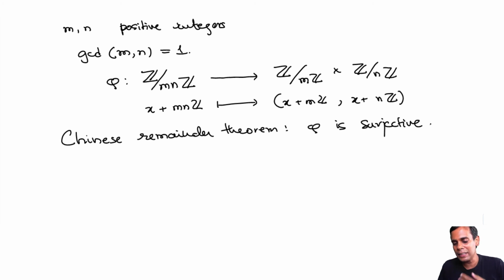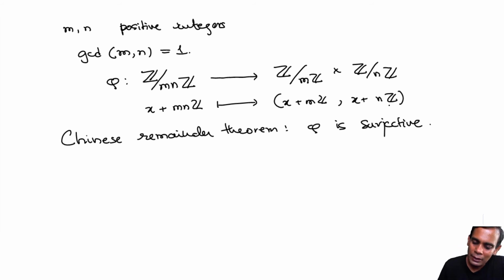Okay, Lao Tzu didn't state it this way. The way Lao Tzu stated is that suppose you have two numbers m and n which are co-prime, then you can specify what remainder you want modulo m and what remainder you want modulo n. Then you can find a number which satisfies both these, which gives both these remainders simultaneously.